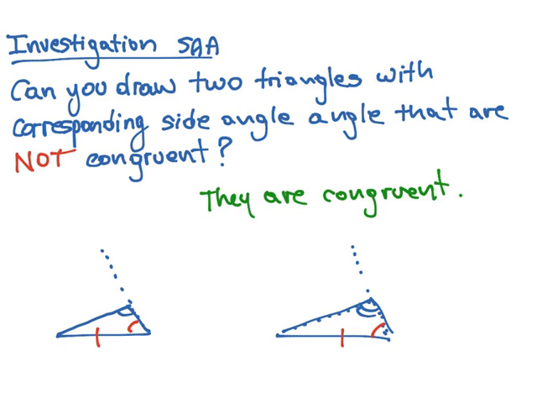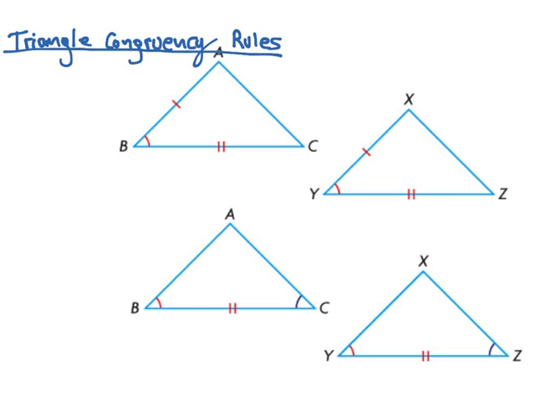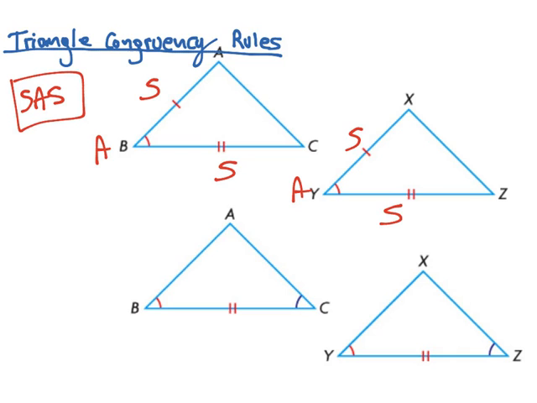Let's take a look at all the other congruency rules. In this case, if we have side, angle, side, we also have congruency, so SAS. And also, in the second example, if we have angle, side, angle, we also have a congruency, ASA.